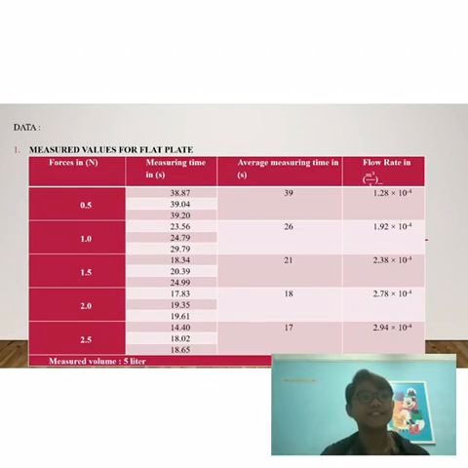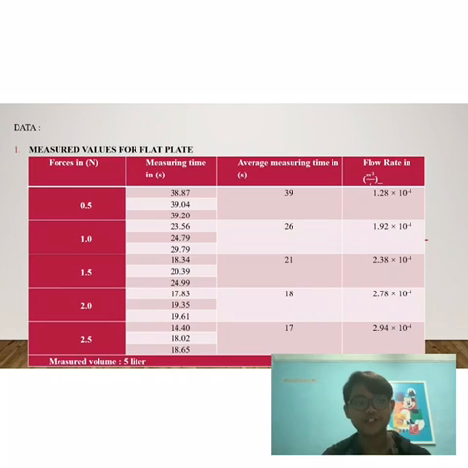Okay, so the data is given for measured values for flat plate. The force is already given and the measuring time is given, and we must calculate to get an average measuring time and flow rate. In the data given, they have 3 values for measuring time, and if we want to get the average measuring time, we must add the 3 values given and divide by 3.